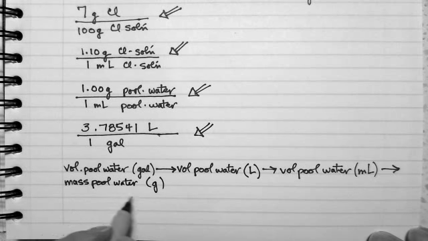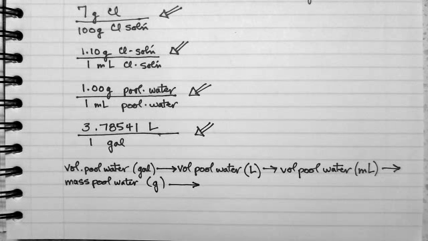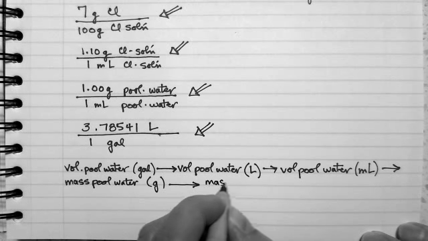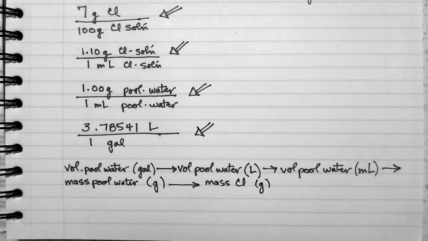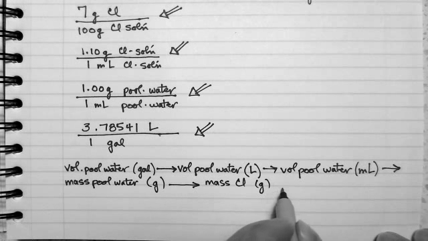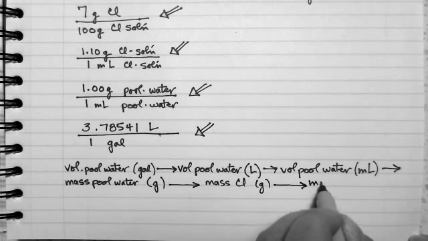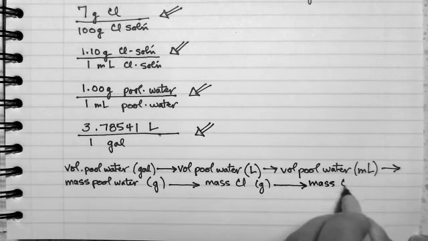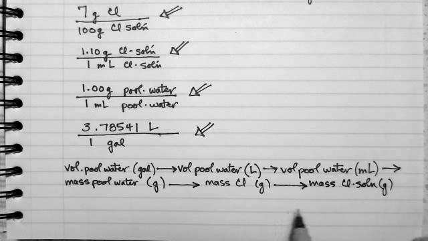Once we know the mass, that total mass of pool water, we can use the ppm value to find out what mass of chlorine in the same units we need to make it 1 ppm. And when we know how much chlorine we need, then we'll find the corresponding mass of chlorine solution that's required to get it to that 1 ppm level.